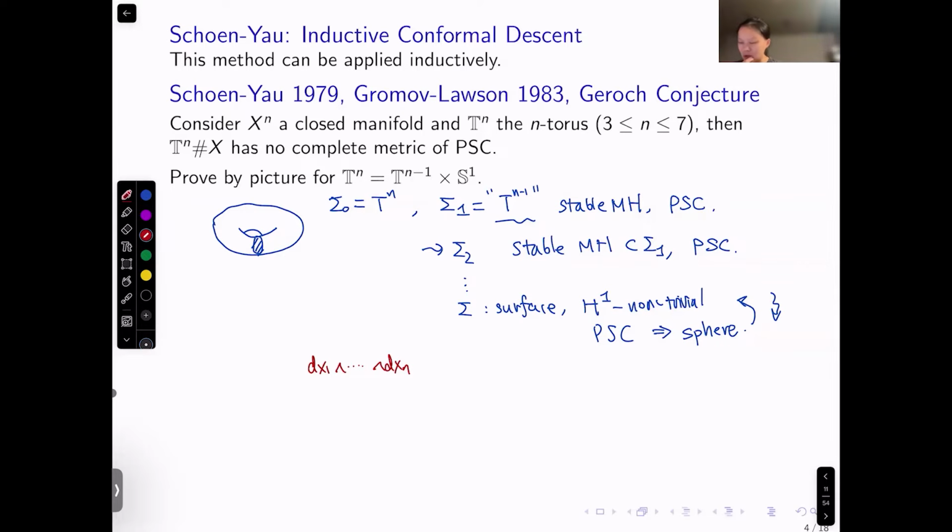So the normal bundle has to be oriented, right? In my context the manifolds are orientable. It seems to me that it should be enough to assume that the normal bundle is orientable.